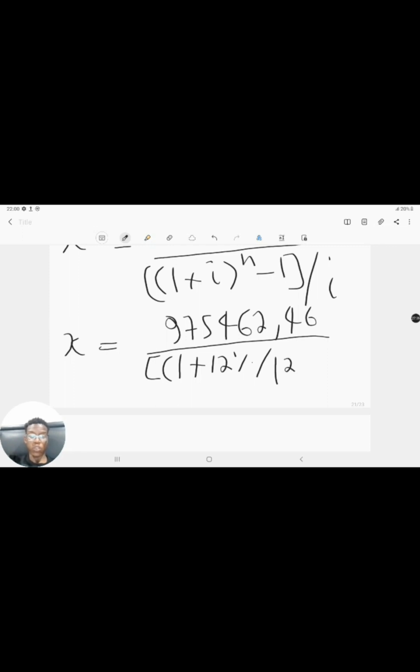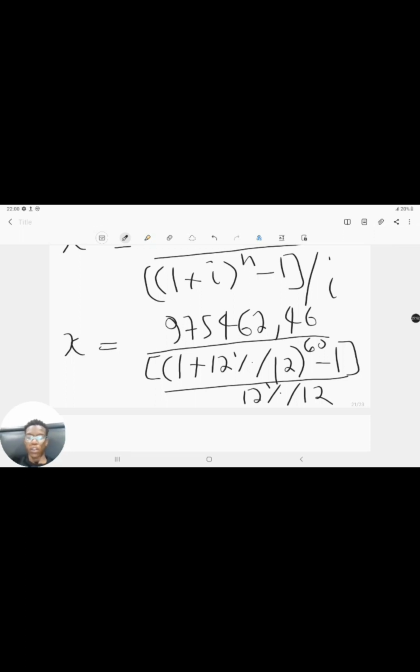Don't forget to divide it by 12 because it's compounded monthly, to the power of 60 minus 1, all over 12% divided by 12 because it's compounded monthly.